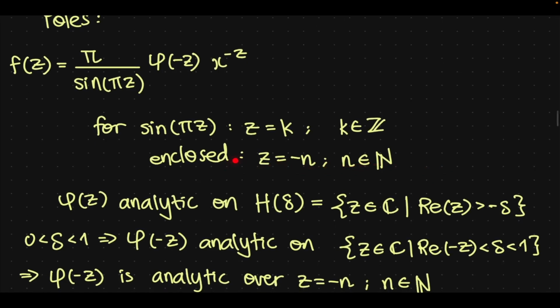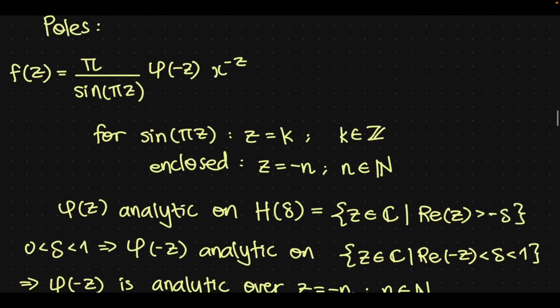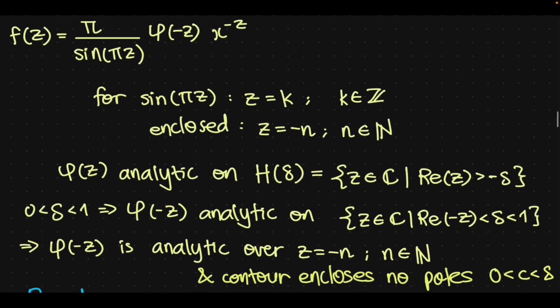Because those are the only ones that are enclosed, because our contour is on the line c, which is between 0 and delta, and delta is less than 1. So the only kinds of poles we're going to enclose in our contour, which has a left side closure, are going to be the negative natural numbers.